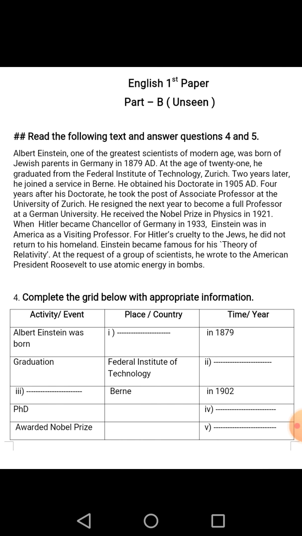Here is a gap, then Bern in 1902. Then PhD in the fourth sentence. And number 4 is gap in time or year. The last sentence is awarded Nobel Prize, and the last gap is also in time or year.